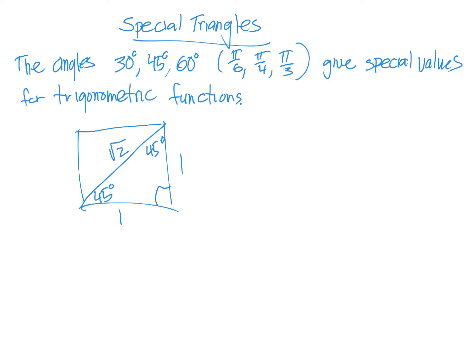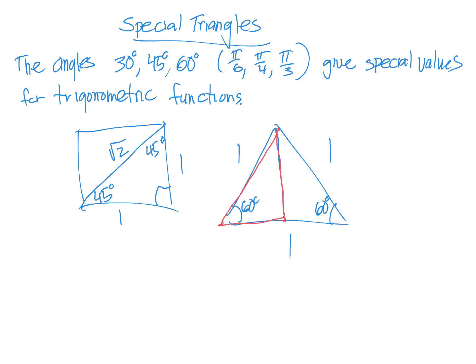And then if we have another triangle, an equilateral triangle where each of these sides has a length of 1, then each angle is going to be 60. But if I half this triangle, and let's say just focus on the left half, just like with this other square, we're just focusing on one piece.